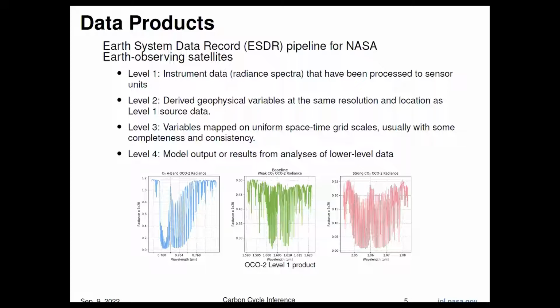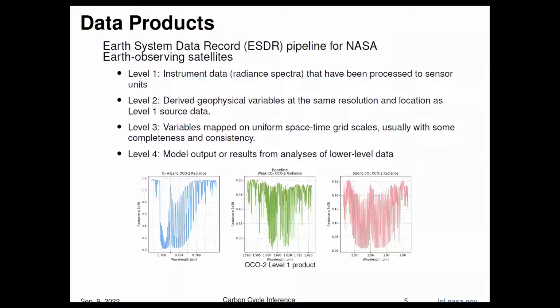And so level 1, there's an example of a level 1 data product here at the bottom that I'll talk about more later. Level 1 are instrument level data, what the instruments are actually observing that have been processed to the units of the particular sensor.